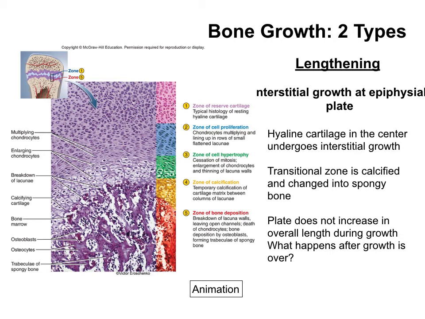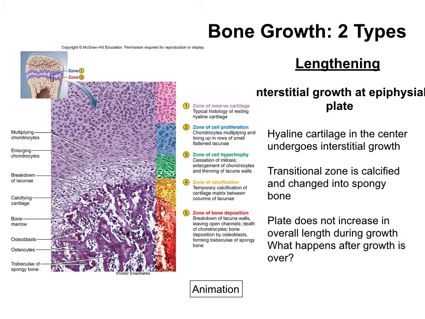Now, if that was all that happened, you would end up with these huge wedges of cartilage developing in the metaphysis, and that doesn't happen. In fact, your epiphyseal plate during your growth periods never changes in overall thickness because of the transitional zones.